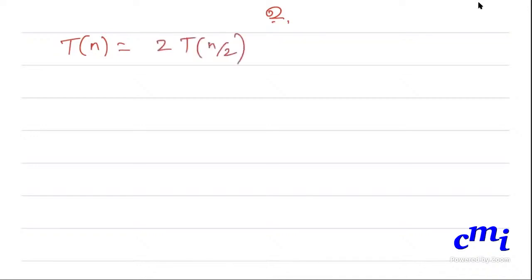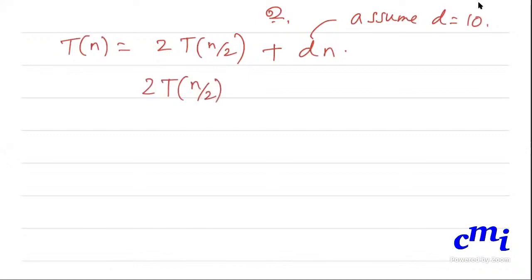Plus, you need to do some work to figure out length, to do split at, and then to do merge. But each of these things take order n time. So we'll encapsulate all that together and call it some d into n, where d is some constant. Assume d is 10. So you will have 2 times T(n/2) plus 10n. This is the recurrence that you have.